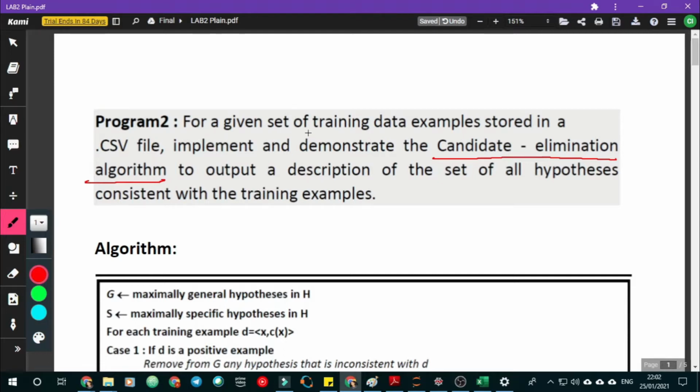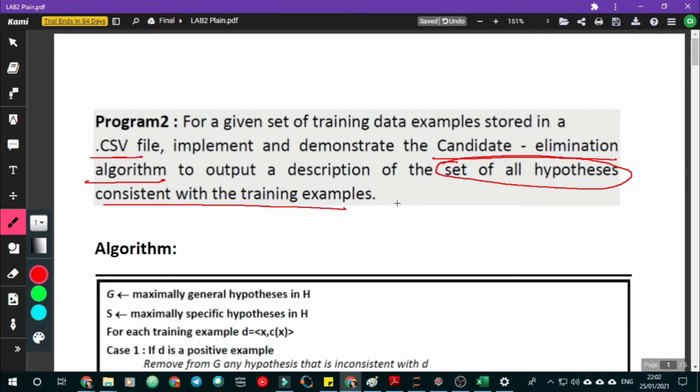For a given set of training data samples stored in a CSV file, implement and demonstrate the candidate elimination algorithm to output a description of the set of all hypotheses consistent with the training examples.